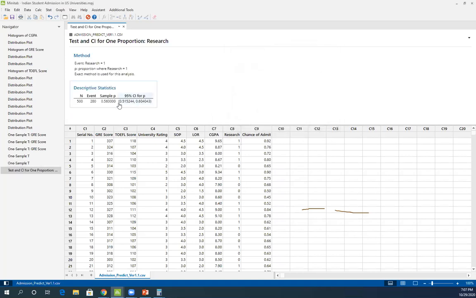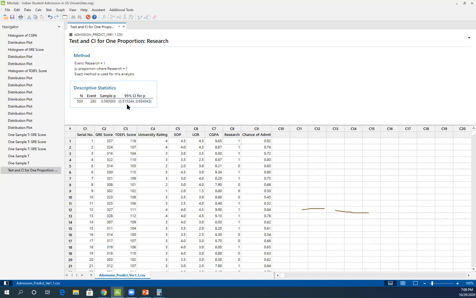Now here you can see the sample proportion: of these 500 students, 56% are applying for research university. 56% means 280 out of 500. Okay.